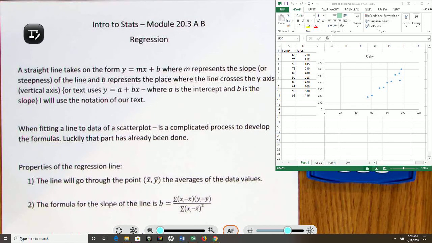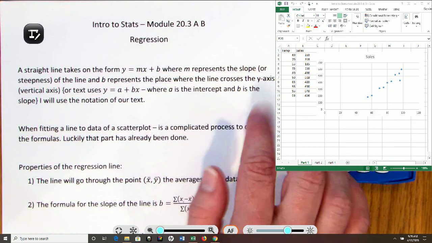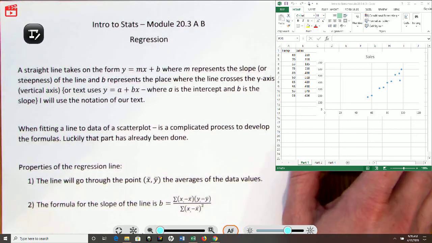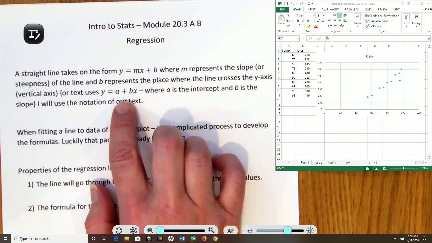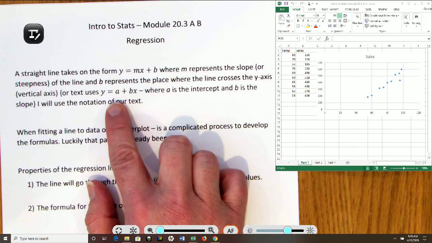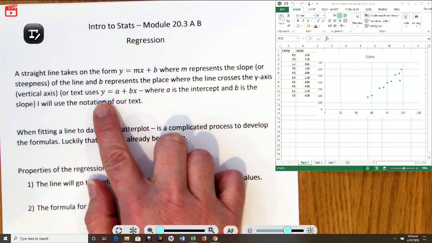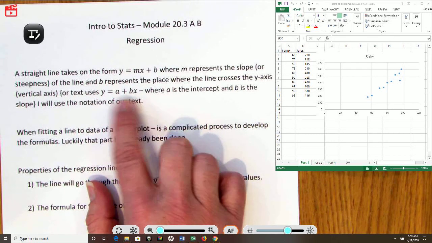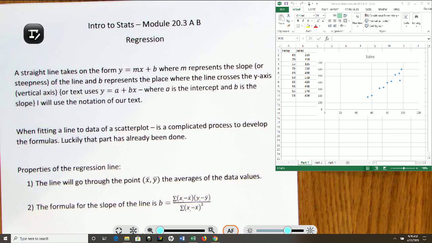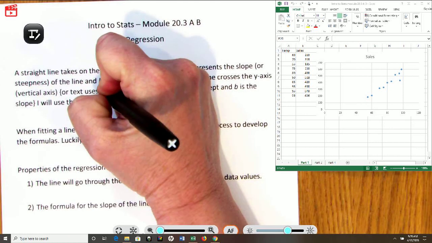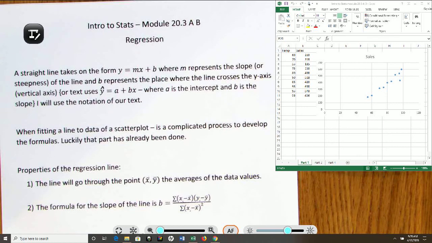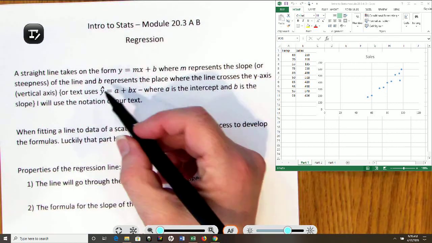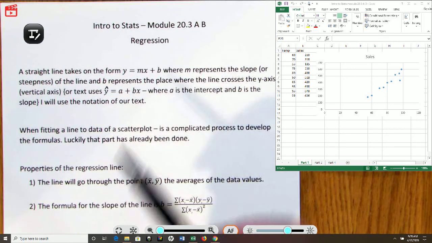We are going to interpret those pieces in context with our information. Our textbook uses slightly different notation, which I wish were more consistent with algebra classes, but we use y equals a plus bx. Some books will put an accent mark over the y, because it's not exactly equal to y, but an approximation for your y's.